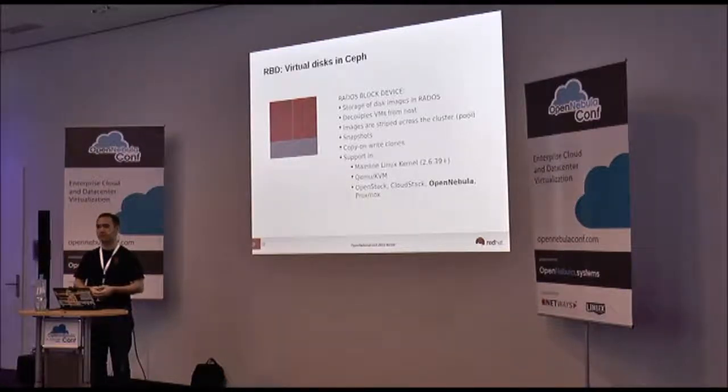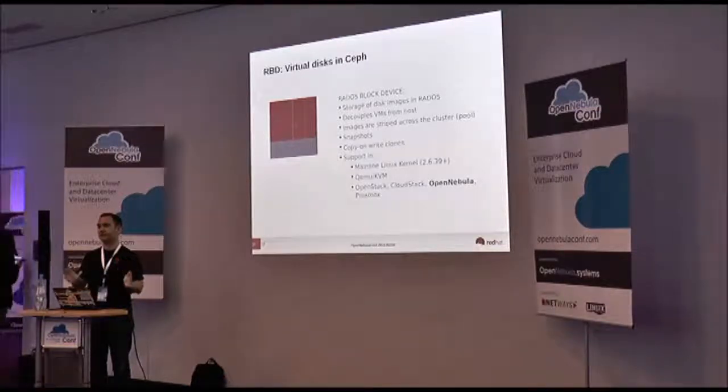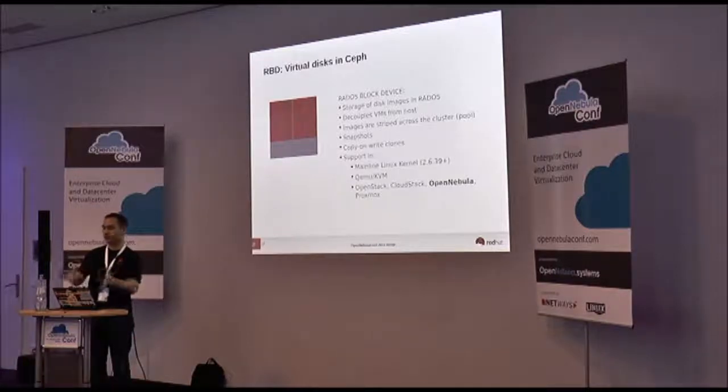So it allows you to do very efficient clones and snapshots, and RBD exploits that. When you do a clone of a disk image within RBD, it's not having to do a whole lot of data movement or copying. It is just going to create a thin clone, and every time you touch an object within that to do a write, at that point you'll get copy-on-write style behavior.